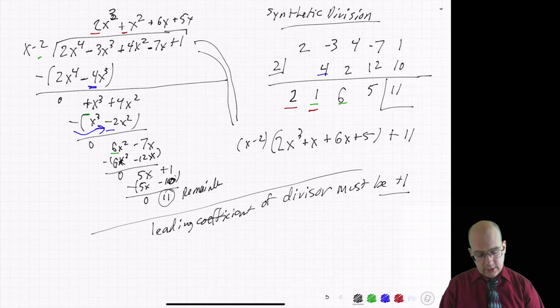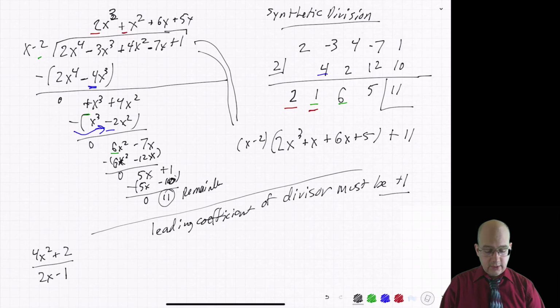So like, let's say that you wanted to divide 4x squared plus 2 divided by 2x minus 1, you can factor out that too. This is the same thing as 2x squared plus 1 divided by 2x minus 1 half.